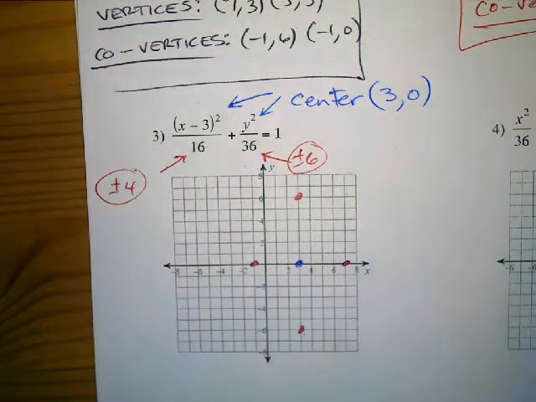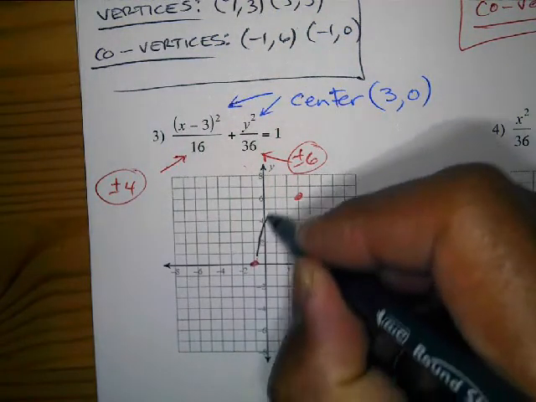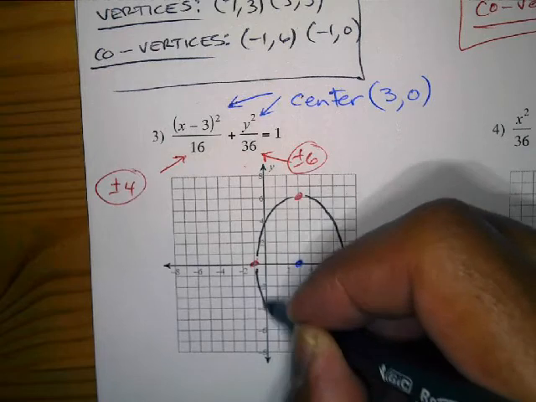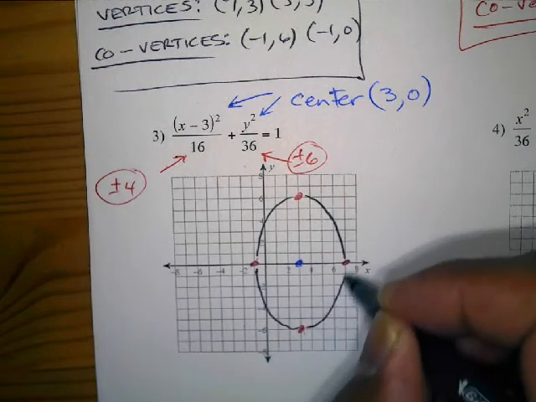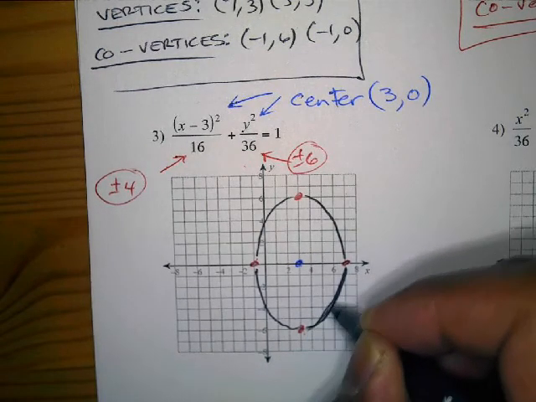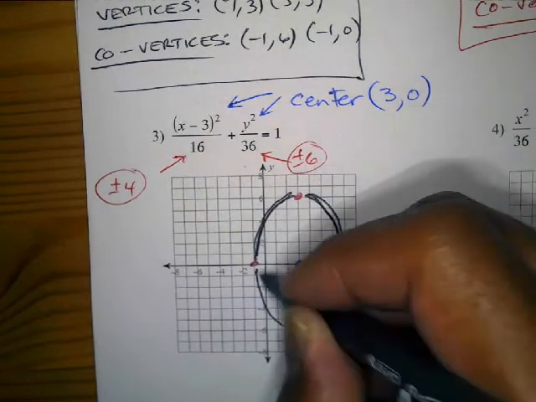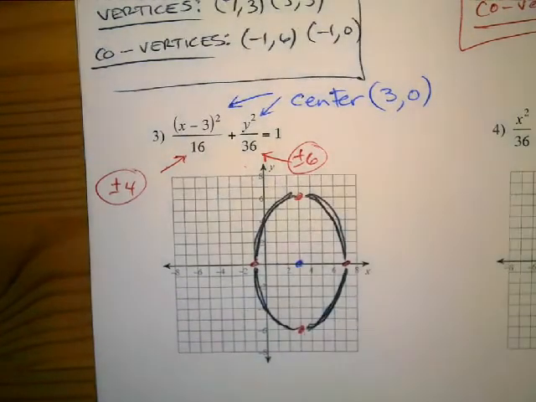See, so now everything is going off of the center. And then from there you count. And then we draw this ellipse. Should look very elliptical. Nice and perfect, right?